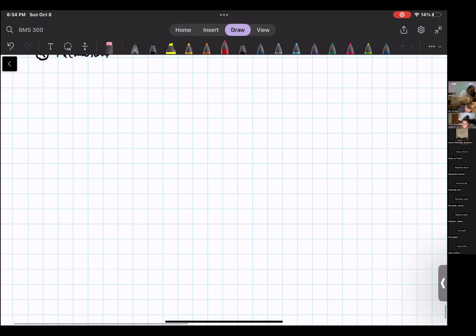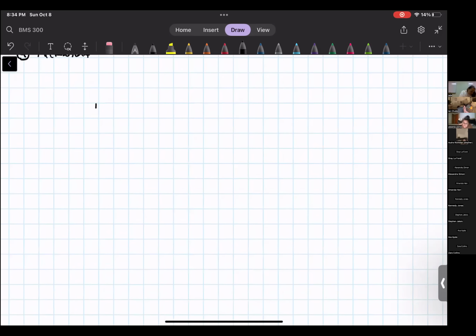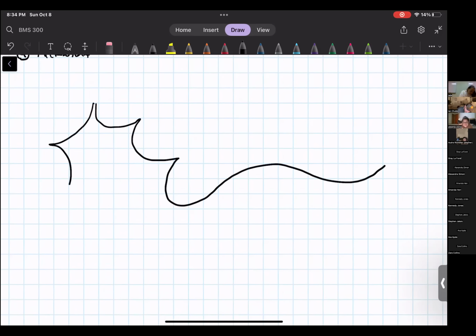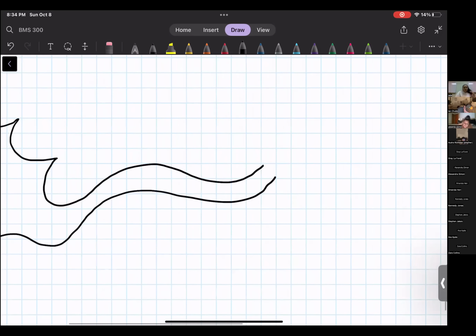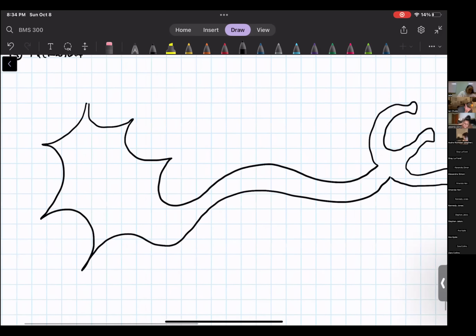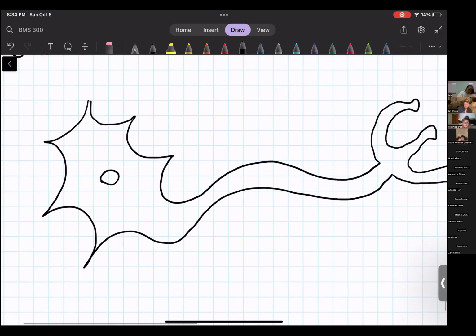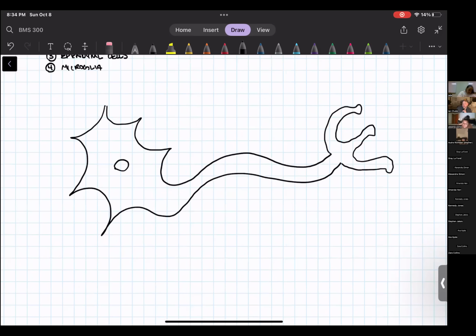All right, let's draw a big neuron and go through that really quick. I'm not going to break down the anatomy or structure because we should all understand that from basic biology.